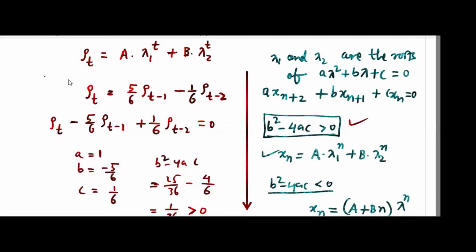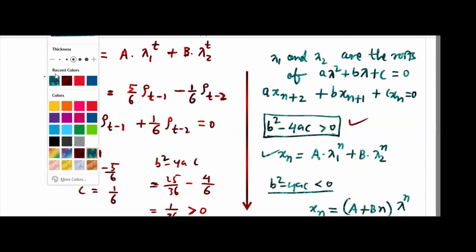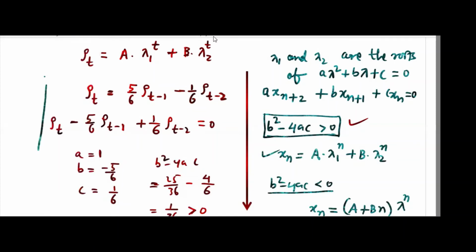Let me do that here. So we have some space. What is A? A is 1. A lambda square plus B lambda, I can do it here.